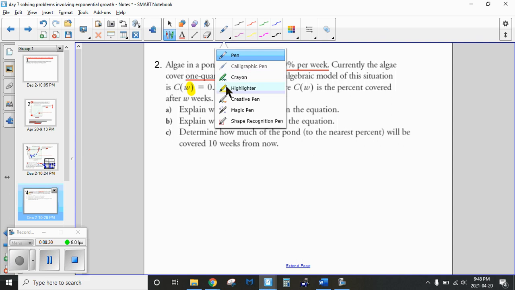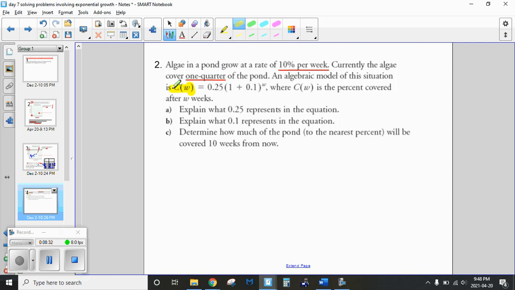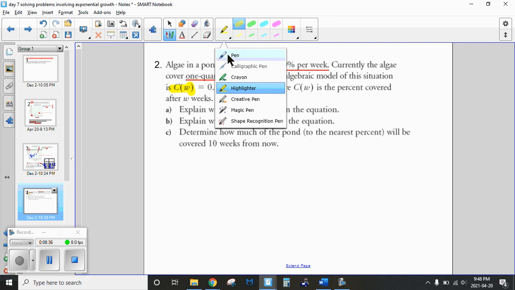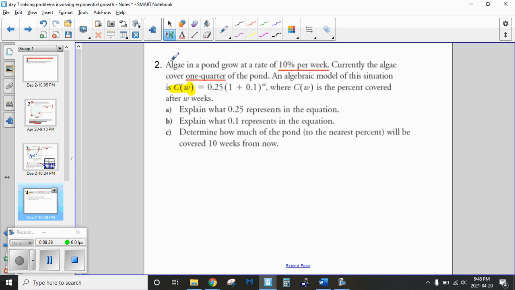So function notation, where C is the percent covered. So C stands for covered. C is for covered after W weeks.